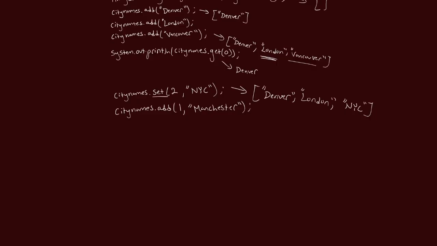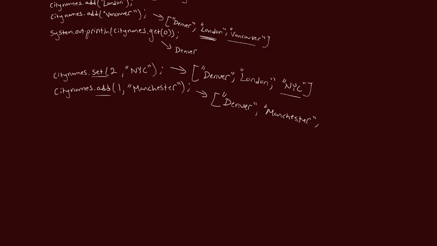The difference between set and add is set overwrote whatever was in there, but add will add something into here and push everything else aside. So this turns into Denver, Manchester, London, and then New York City.